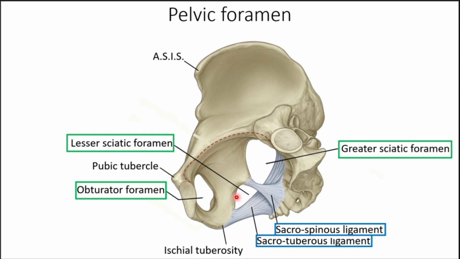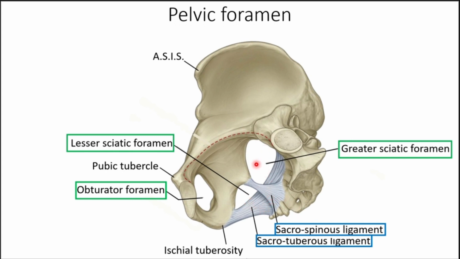Muscles of the gluteal region primarily act on the hip. These foramina include the obturator foramen, the greater and the lesser sciatic foramina, which are formed by these greater and lesser sciatic notches.